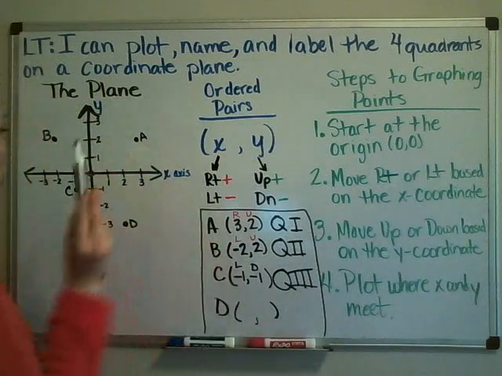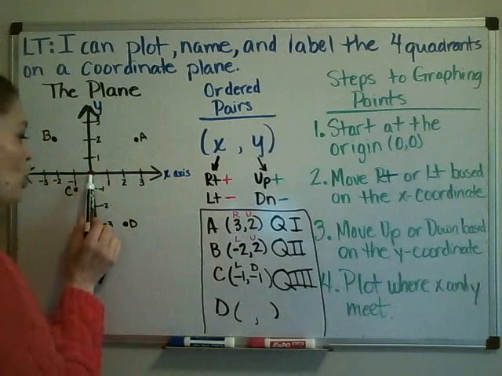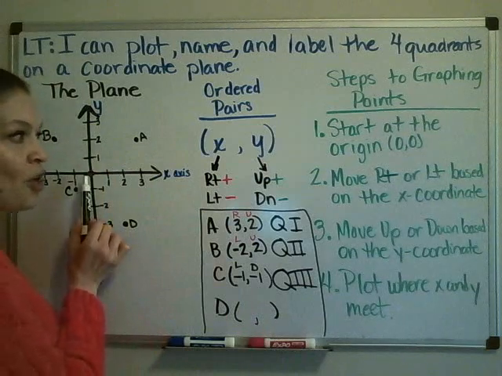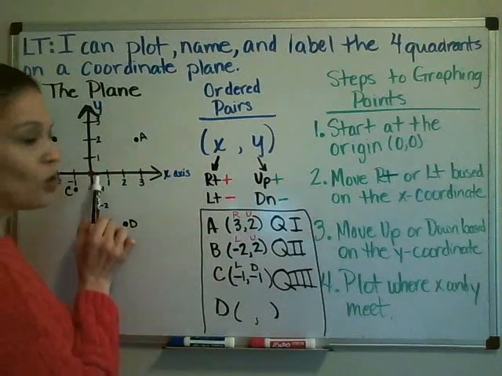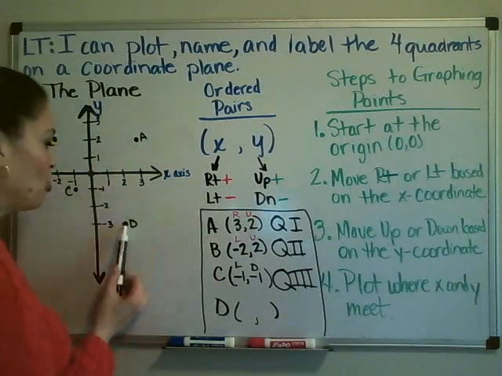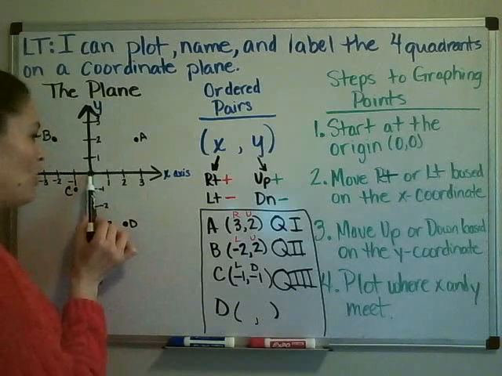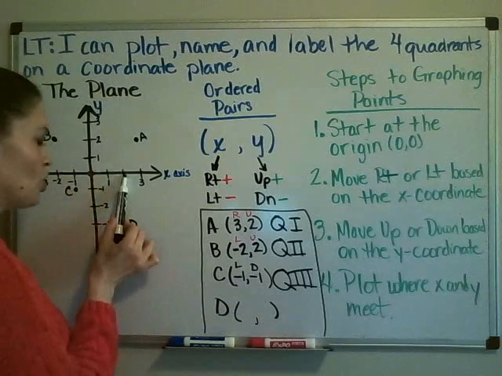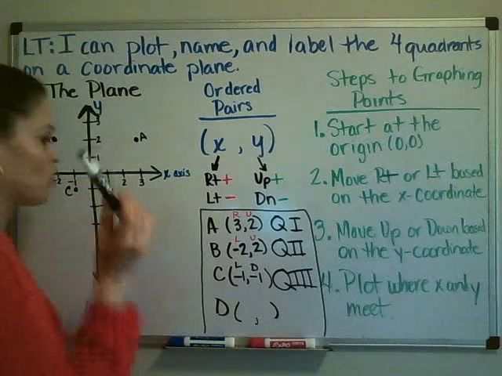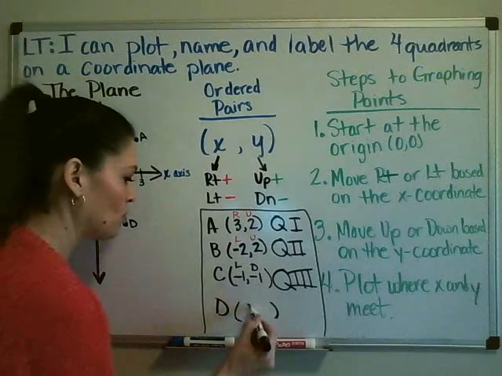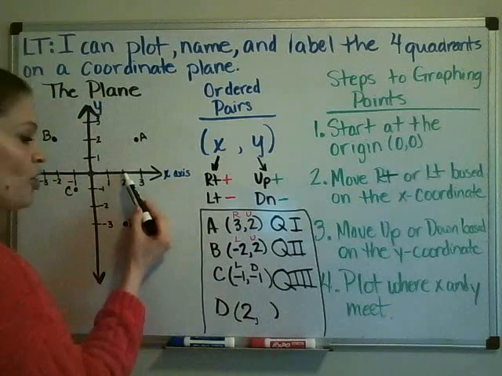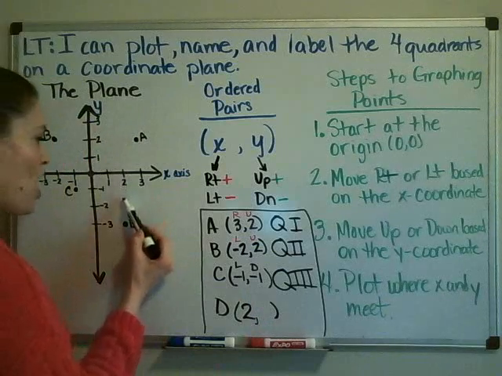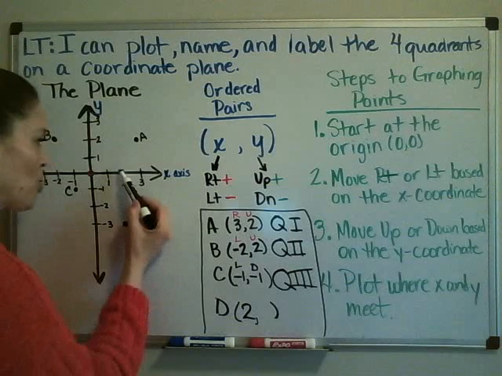All right, so we're at the origin. Do I go down first? No, you cannot. Remember Super Mario Brothers. You have to run first. So to get to point D, I have to travel to +2 first. So I'm going to put +2. And from there, I have to go down how many spaces?